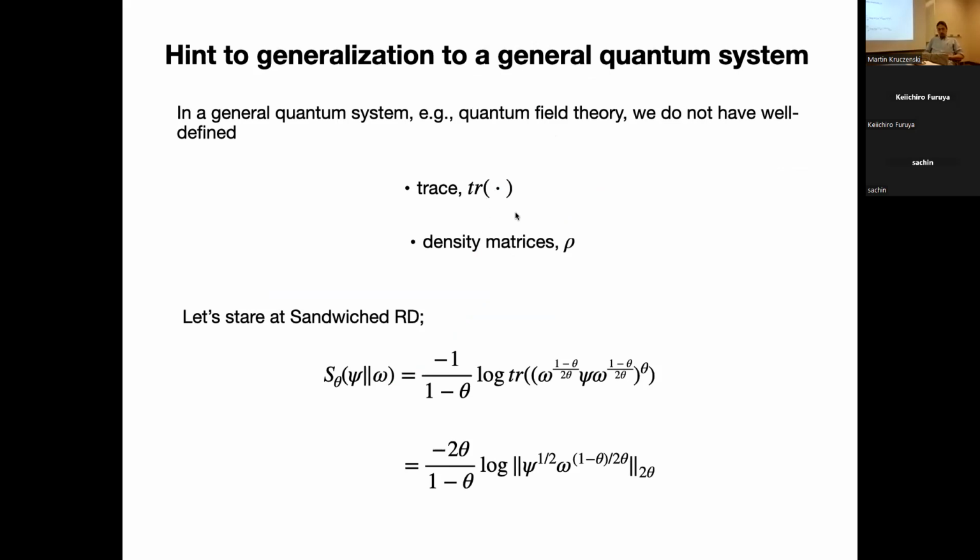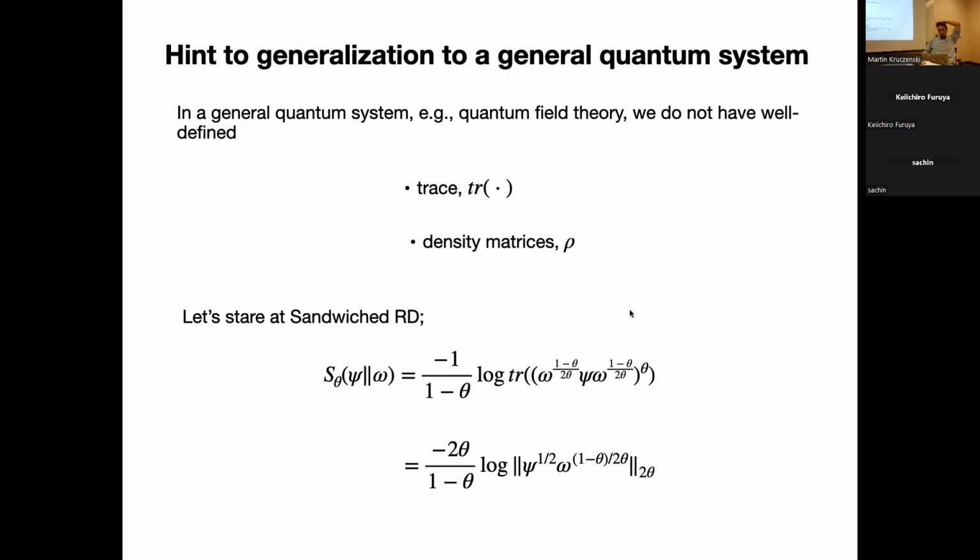Also, we want to define some multi-state things. There's a nice tool called modular theory that we use a lot, we meaning Nima's group. In that case, things become very natural and the generalization becomes very straightforward. So that's why we were able to do that.